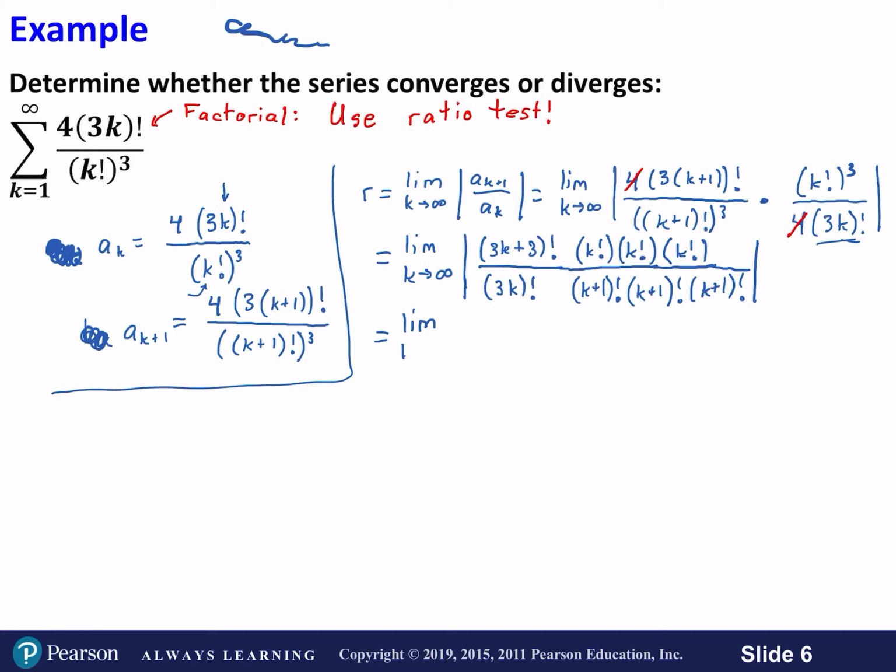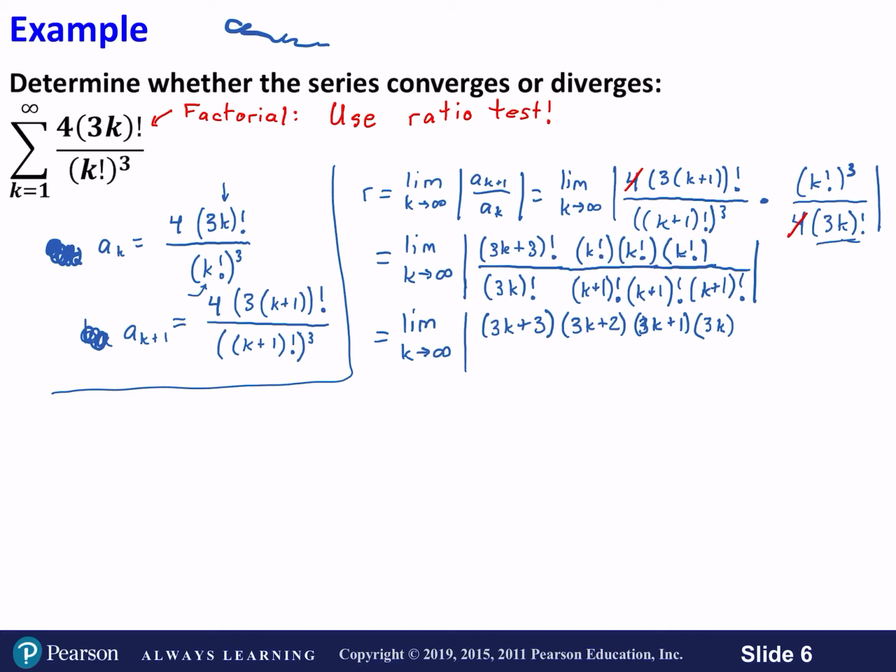So the next thing to notice is that (3k+3)! is really just 3k+3 times every integer smaller than it. So 3k+3 times 3k+2 times 3k+1 times 3k times every integer smaller than that.